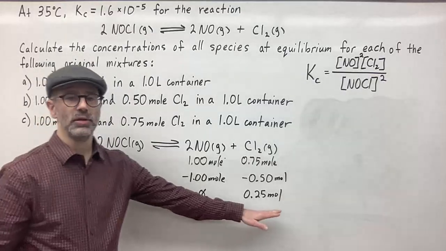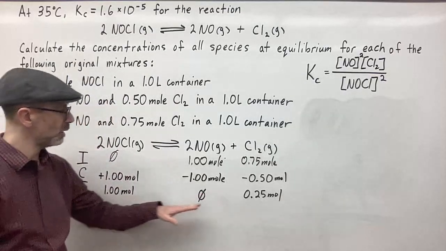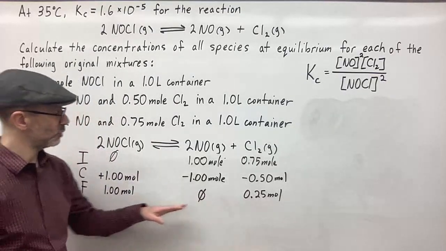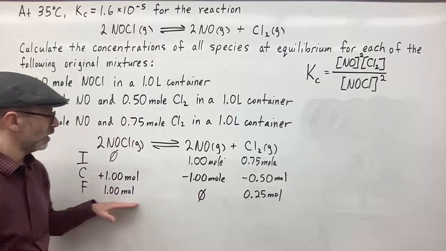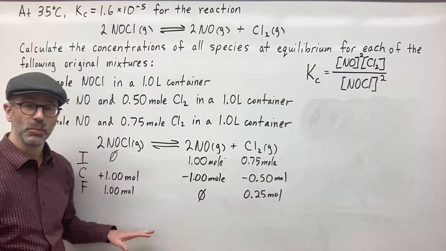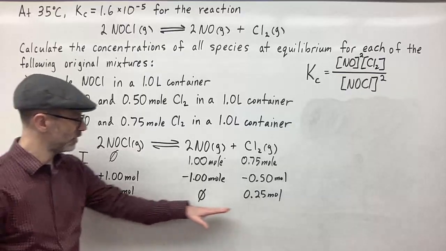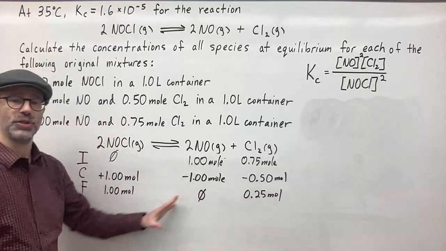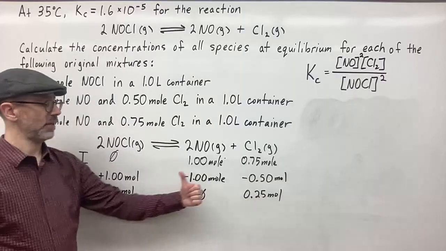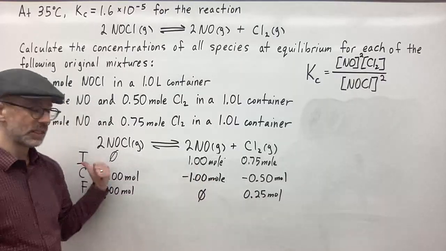So now this is my starting concentrations for equilibrium. So now I can do the equilibrium problem after doing the stoichiometry, assuming that it's going to go to completion in this direction.